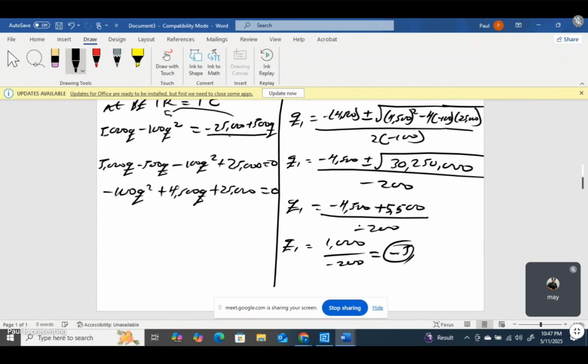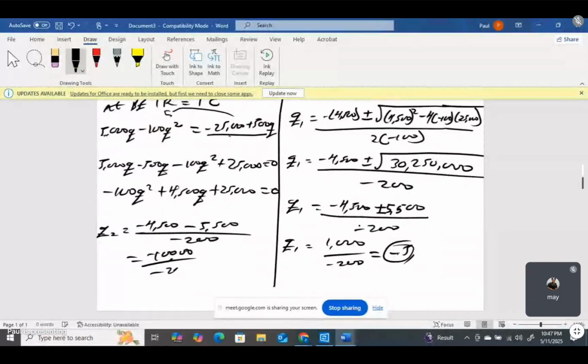And also, I said it's plus or minus. So we used plus, now we have to use a minus. So here we get this plus this: 4,500 plus 5,500, that's 10,000, minus 10,000 divided by minus 200.